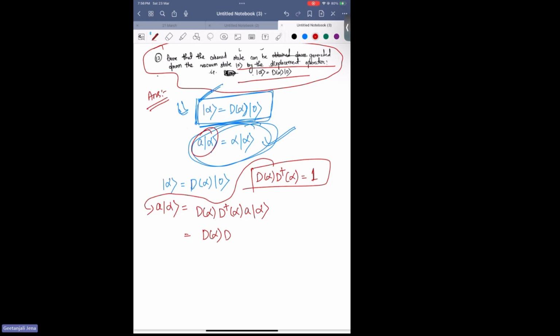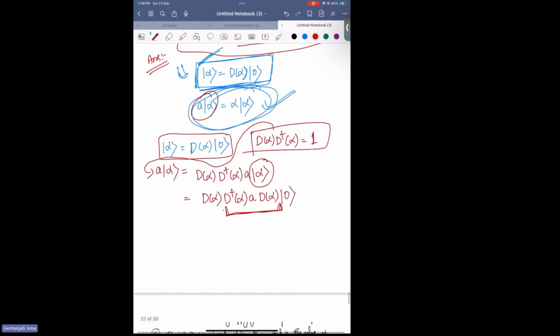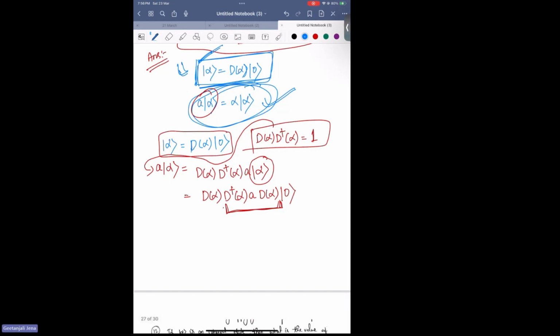Now we can put the value of |alpha> by taking this expression, so A|alpha> is A D(alpha) acting on the vacuum state. Now this condition, I think you must have remembered. It is there in the last video of week 8. This condition is nothing but D dagger A D(alpha), which will be A plus alpha.